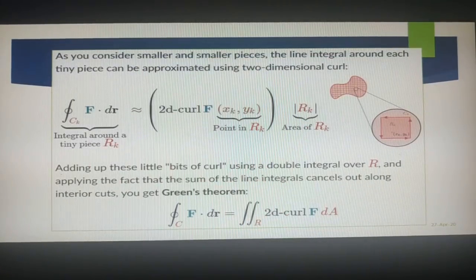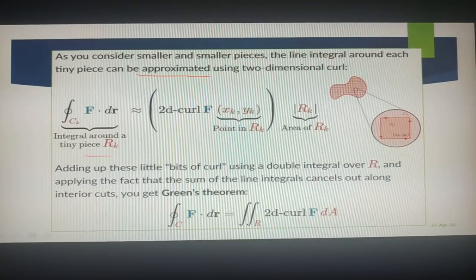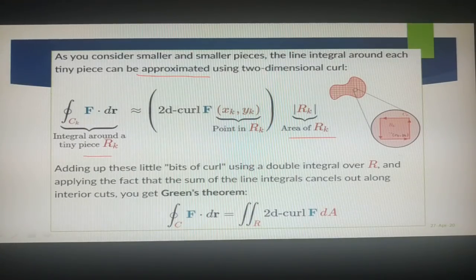Let's see. As you just approximated up to Ck, at Ck there is some small element, a small region, which let us assume has the smallest area, the area of Rk, one element. In that Rk, let me assume one point is there, that is xk, yk.